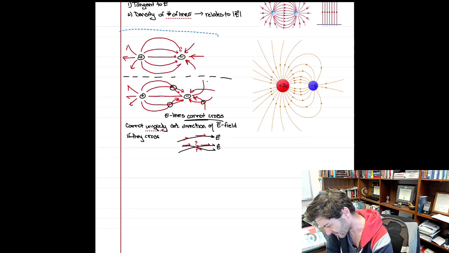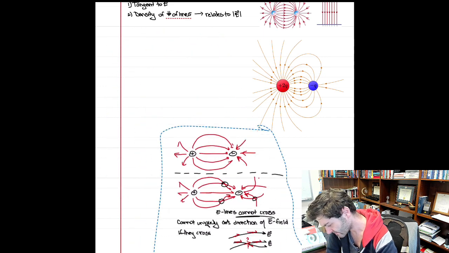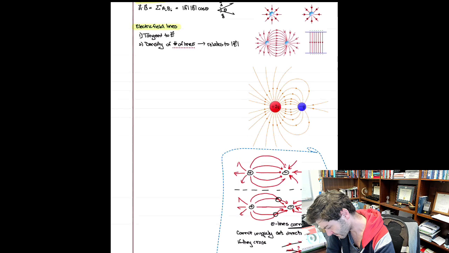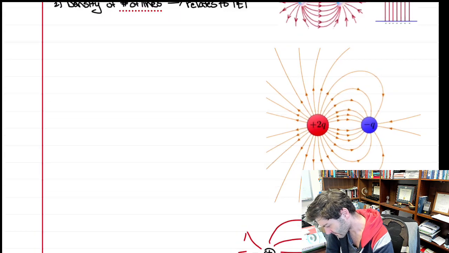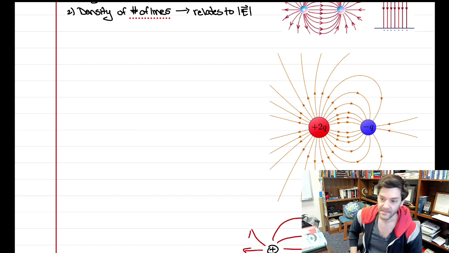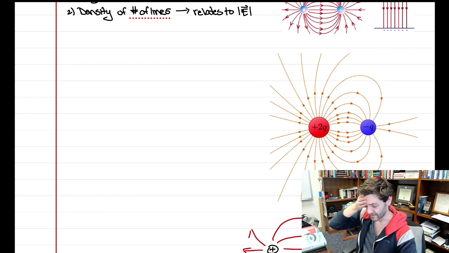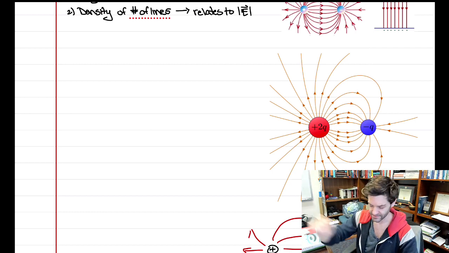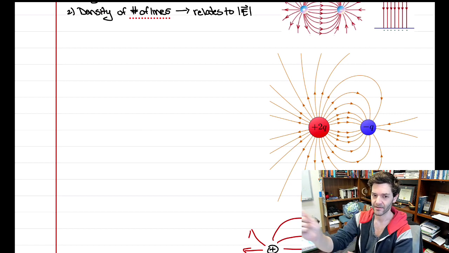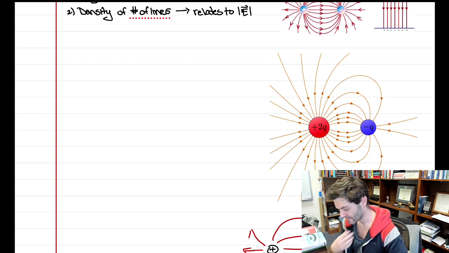I'm going to actually move this. We can use this fact, the idea of electric field lines. Oh, I guess I should say one more thing, that I think is the reason why sometimes these add more confusion.